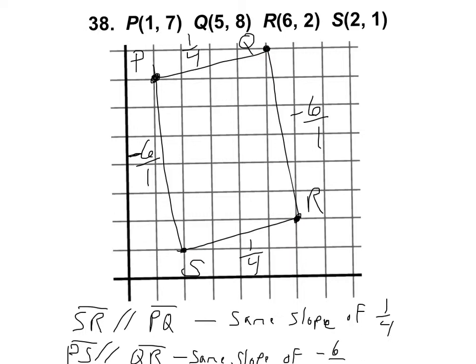But actually, neither of those are right. We can actually prove this is not a rectangle, because if this were a 90-degree angle, these slopes should be opposite reciprocals. Now they are opposite, because one's negative, one's positive, but these are not reciprocals. So we know for sure this is not a 90-degree angle, this is not a rectangle.